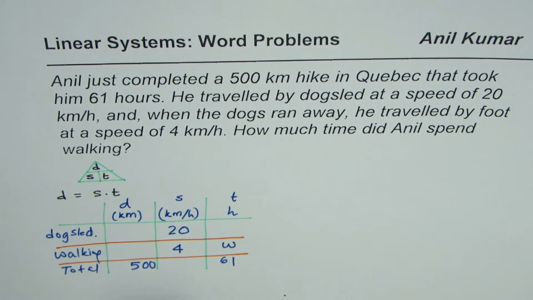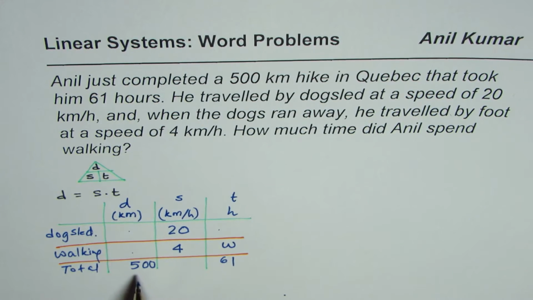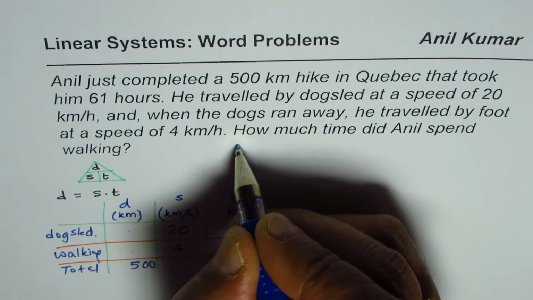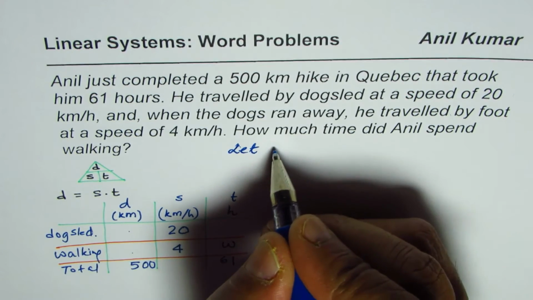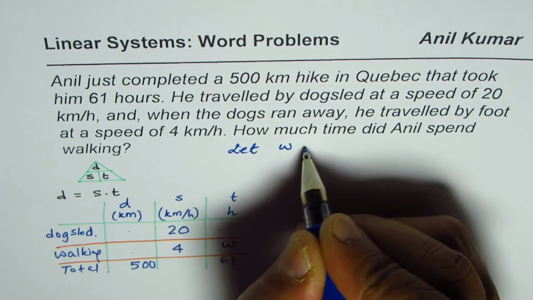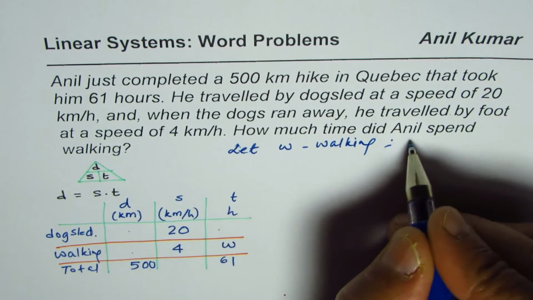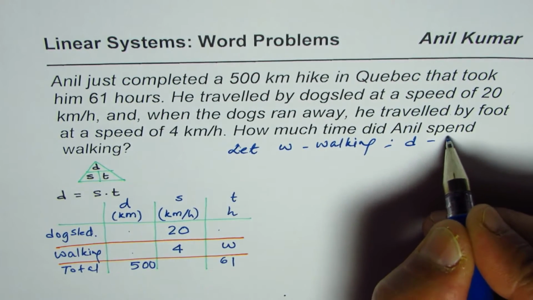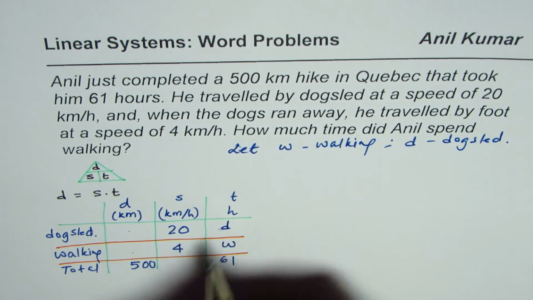Now let's try to solve this. We need to fill up all these things to solve the question. Let's define the variables first. Let W be the walking time, and let D be the time for dog sled.